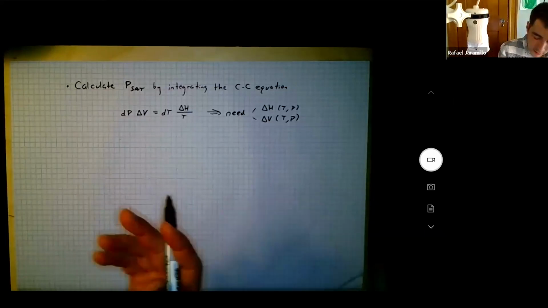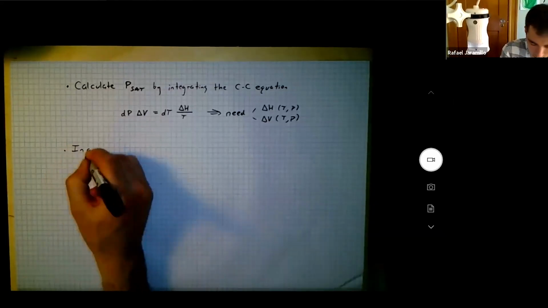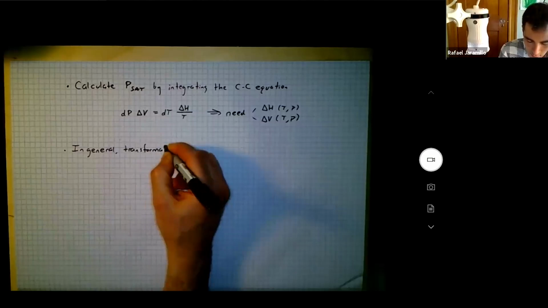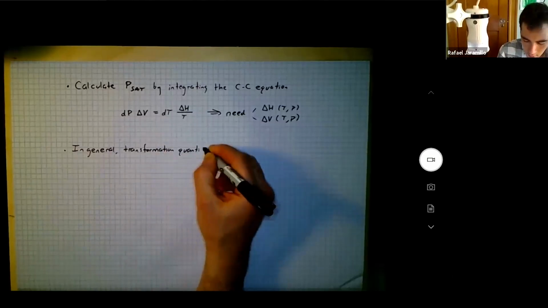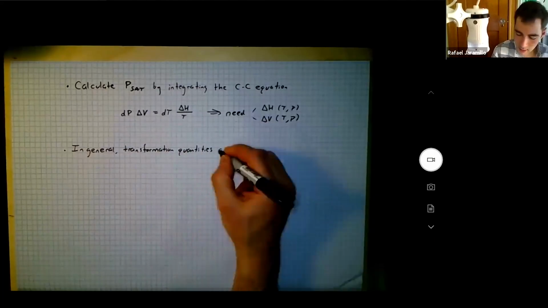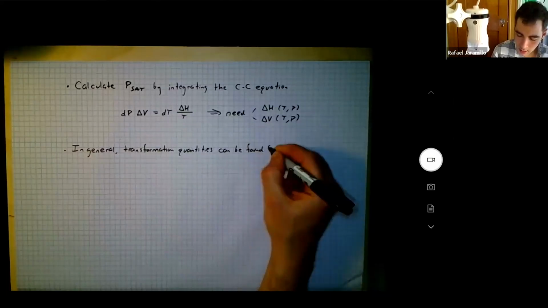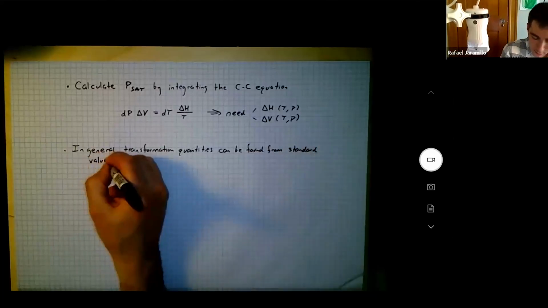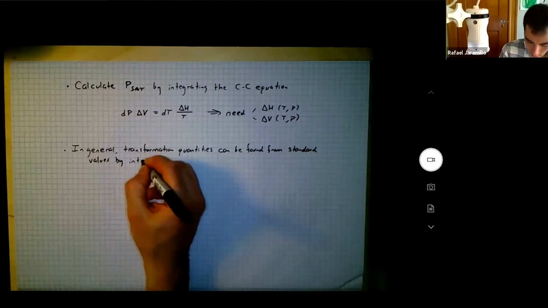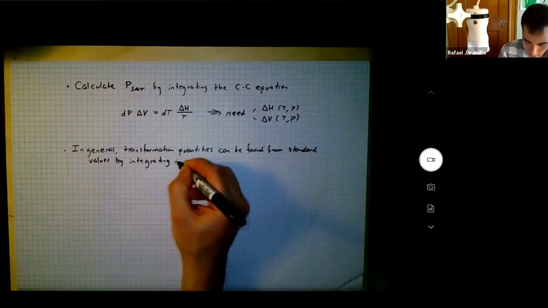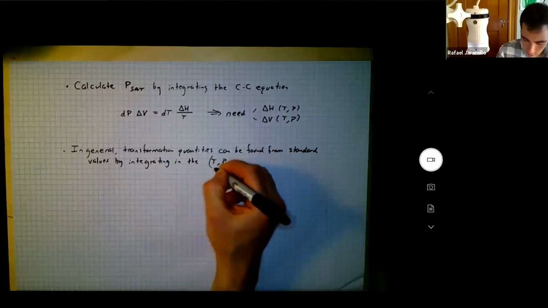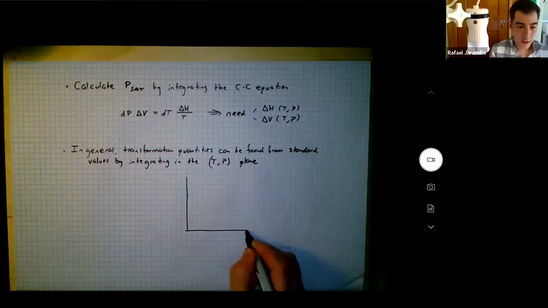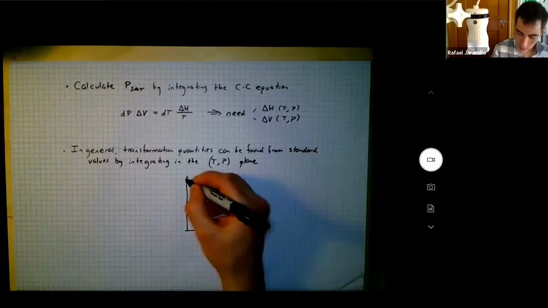So in general, these transformation quantities can be, as we saw last time, in general, let's say this is pressure, this is temperature.